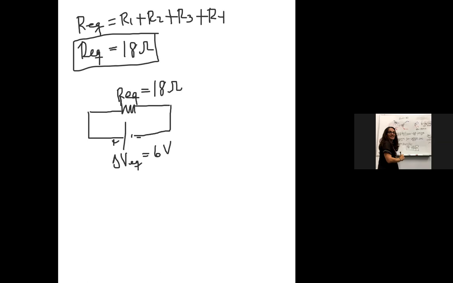It's the original battery, and we're not really going to combine batteries until we get into Kirchhoff's rules, but that's a whole other thing. So once you have it down to one single circuit element with one single battery, now we can use Ohm's law in terms of all of the equivalents. Delta V equivalent is equal to the current equivalent times the resistance equivalent.